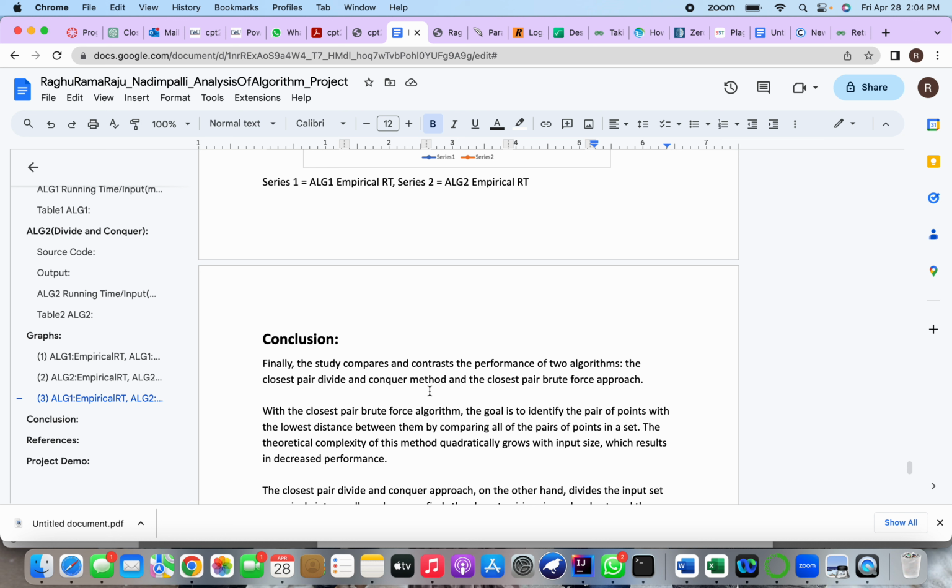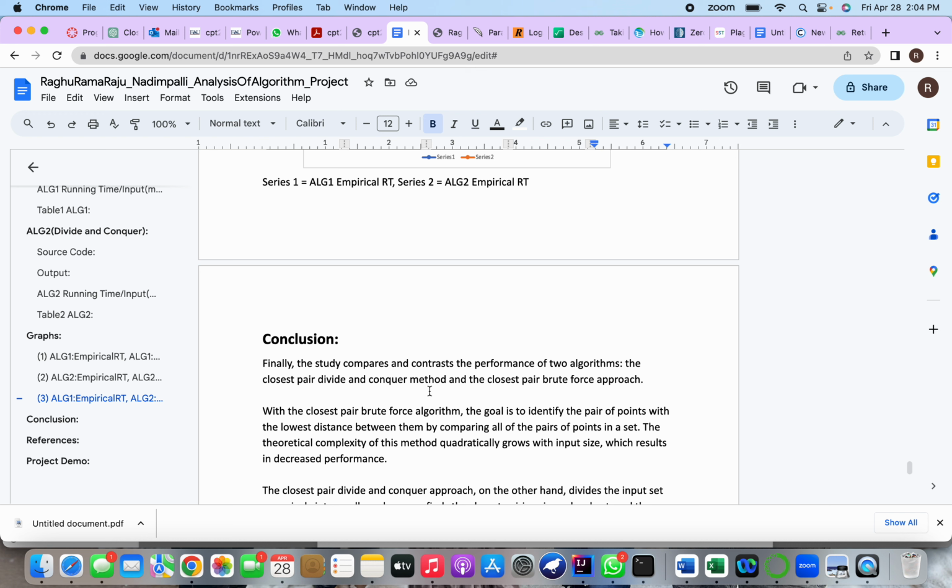The input for the problem is a set of n points in a 2D space represented by their x and y coordinates, while the output is the pair of points with the smallest distance between them along with the distance value itself. So in conclusion, the problem is a fundamental problem in computational geometry with various practical applications.